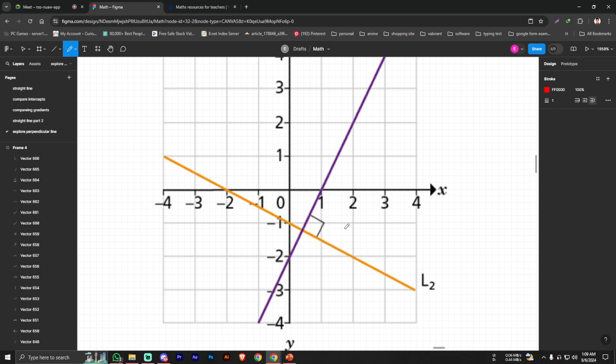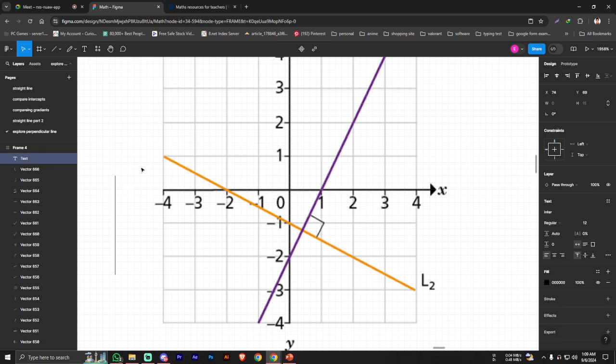So what's the theory here? The theory is that if the product of the gradients of two lines is -1, we can assume that those two lines are perpendicular to each other. Do you understand? Yeah.